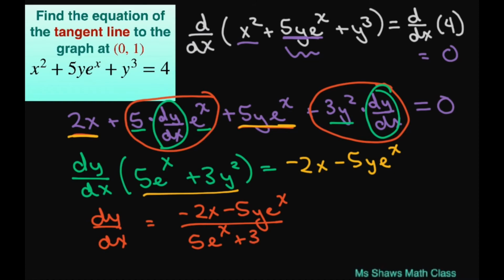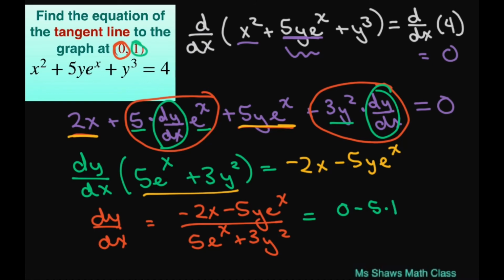Now, the slope of the tangent line at 0, so we're going to substitute in 0 because that's your x value. And when you substitute that in, you're going to get 0 minus 5 times 1, because that's your y.